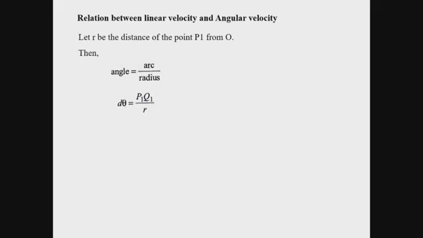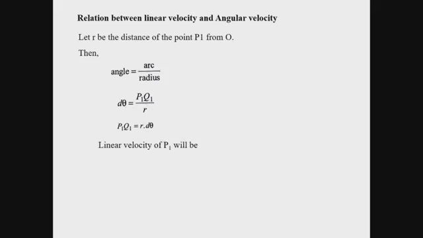Relation between linear velocity and angular velocity. Let r be the distance of the point P1 from center O. Then angle is equal to arc upon radius, which is nothing but d theta is equal to P1Q1 over r. Then P1Q1 is equal to r d theta.